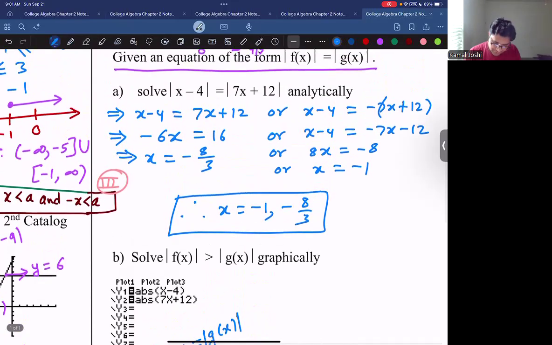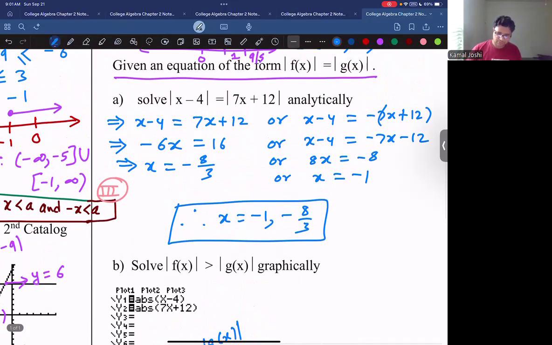And just a quick background: previously, we solved the equation absolute value of f of x equals absolute value of g of x. We solved that equation in the previous problem, and we found that the points of intersection are x equals -1 and x equals -8 over 3. Those are the x values.